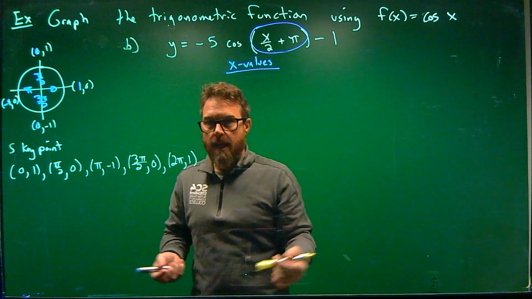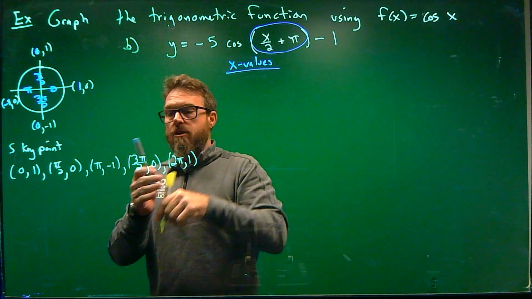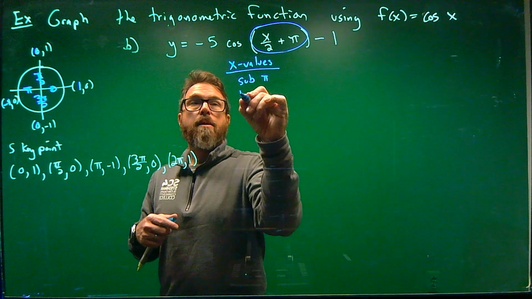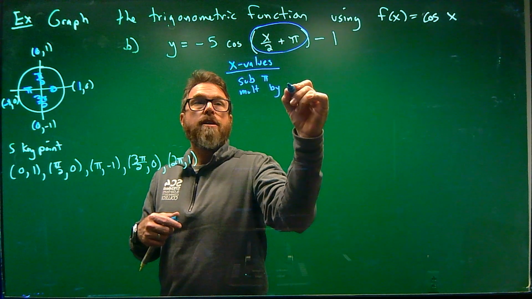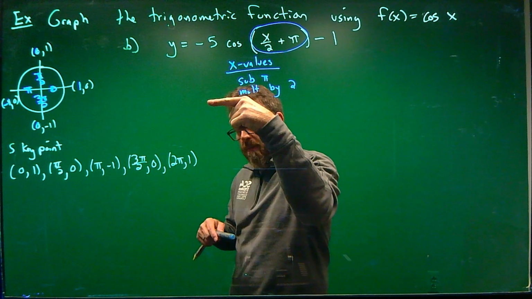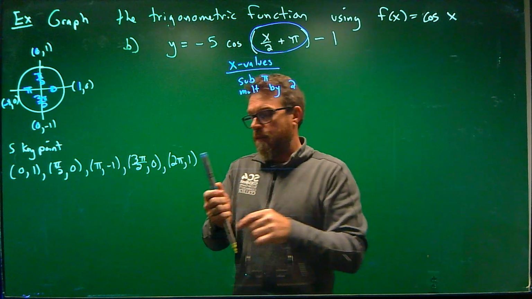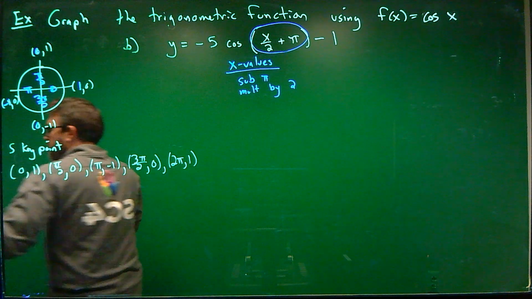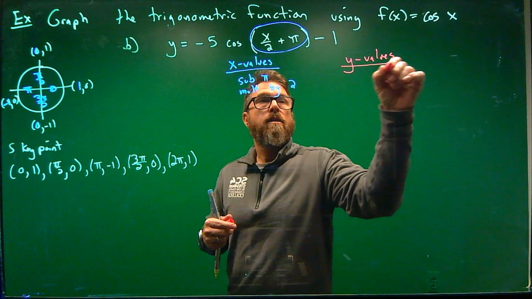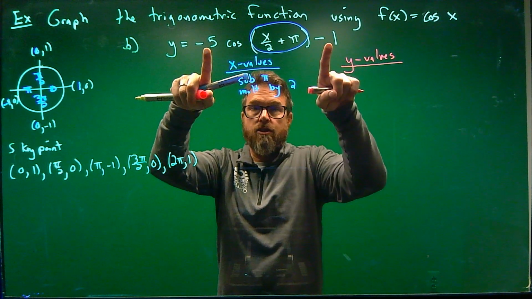The method of solving for x is the same every single time: subtract pi, and then multiply by 2. Subtracting pi is going to move it this way, and multiplying by 2 is going to stretch it. Now for the y values, that's going to be the operations outside the angle, so that's going to be this -5 and also this 1.